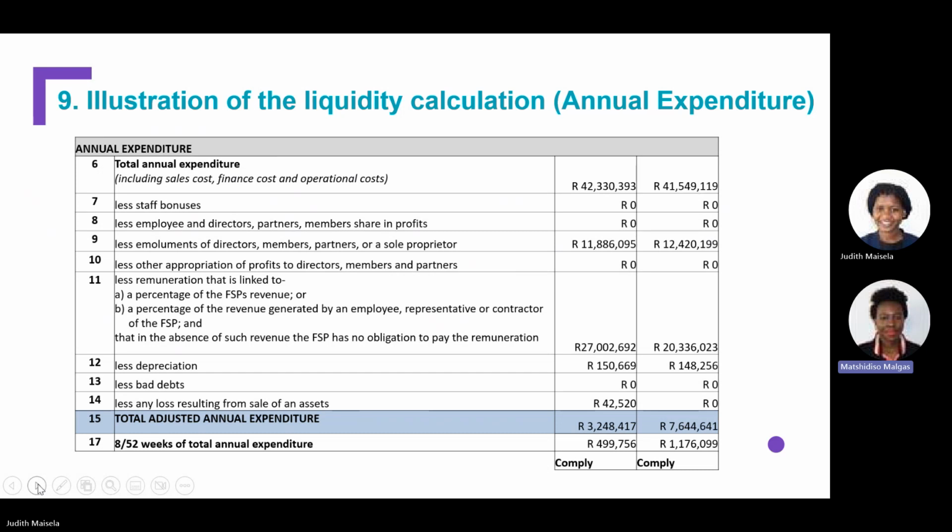The reason being, this is a CAT 2 FSP, the example that was used here. So hence we used the 8/52 weeks. When you take the 3 million divided by 52 weeks, multiply by 8, it gives us 499,754, which is considered to be the annual expenditure. And we can say that that amount is less than the liquid assets of 2 million from the previous slide.